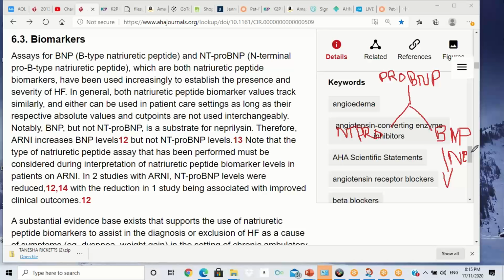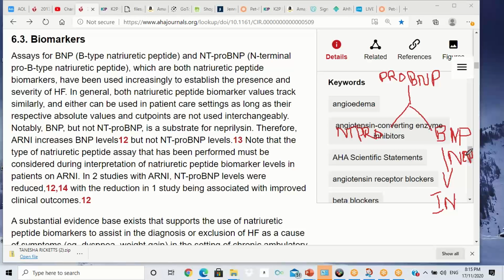Okay, so this is NEP. So just use your imagination. This is an E. So the BNP is broken down by neprilysin to give you an inactive metabolite. Now we have medications that can inhibit this enzyme.